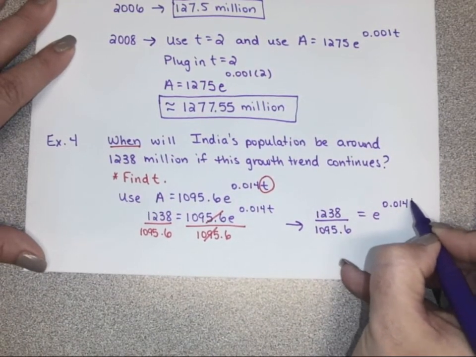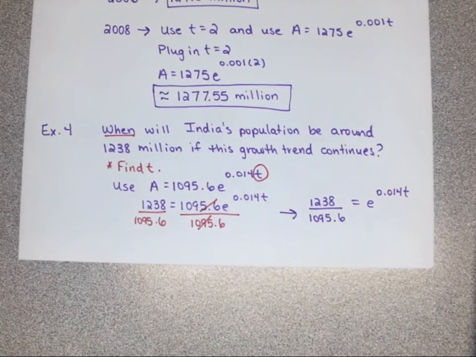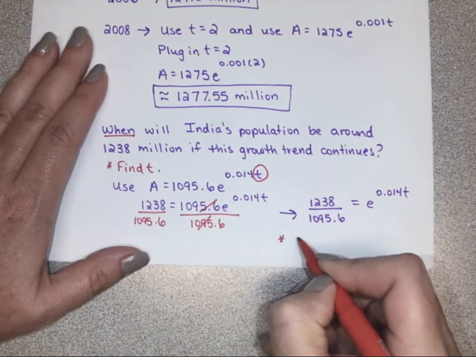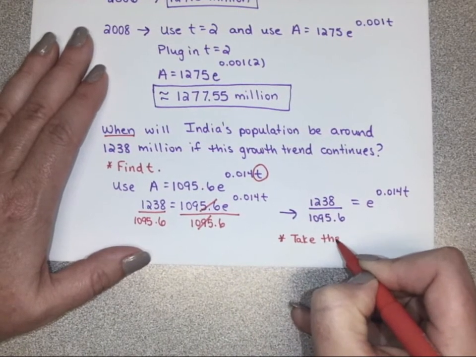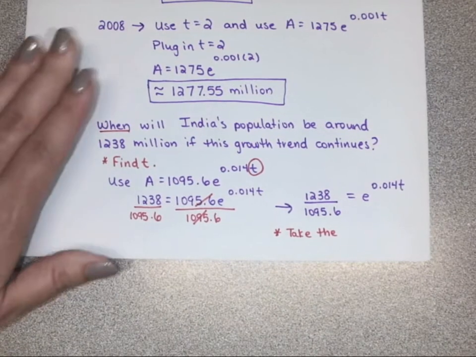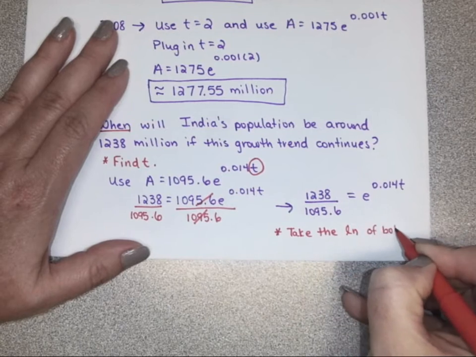That's what I've got so far. Okay, so the problem is that the t is where I can't touch it right now. Okay, so what did we do to kind of undo e before? What do I need to do to both sides? Yes, I need to take the log of both sides. Which log should I definitely use because it's e? Yeah, I should definitely use ln, right? So take the ln of both sides.